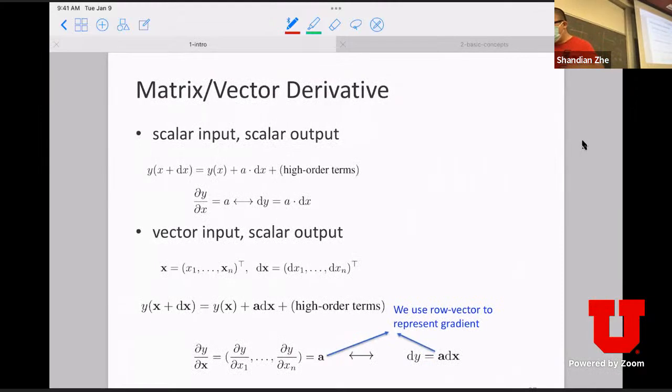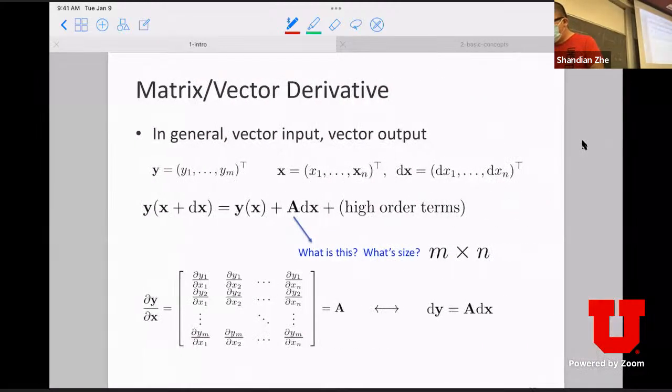Then we introduced the notions of matrix and vector derivatives. Whether you're dealing with scalar input and scalar output, vector input and scalar output, or vector input and vector output, everything can be summarized in one framework, the derivative framework.